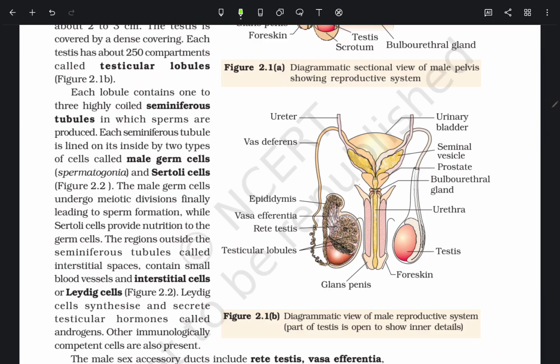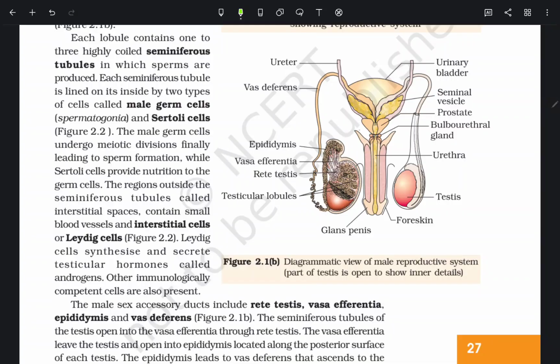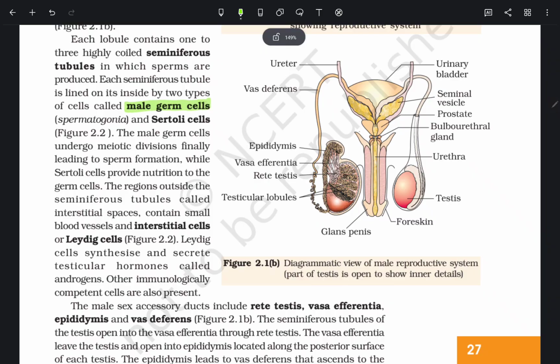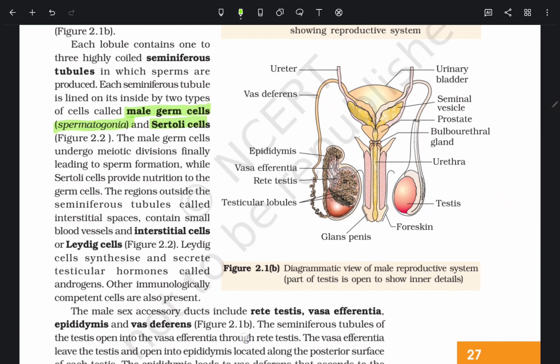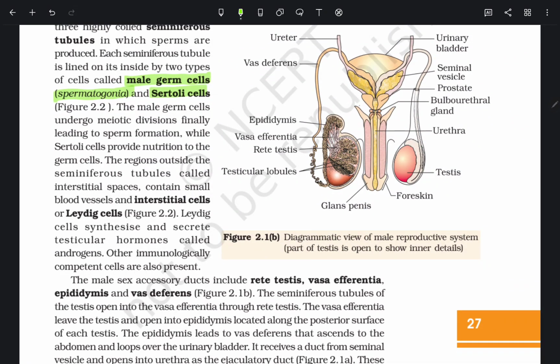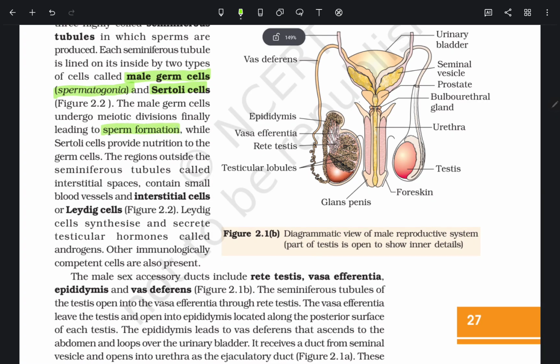Each seminiferous tubule is lined on its inside by two types of cells called male germ cells, spermatogonia, and Sertoli cells. The male germ cells undergo meiotic division finally leading to sperm formation, while Sertoli cells provide nutrition to the germ cells.